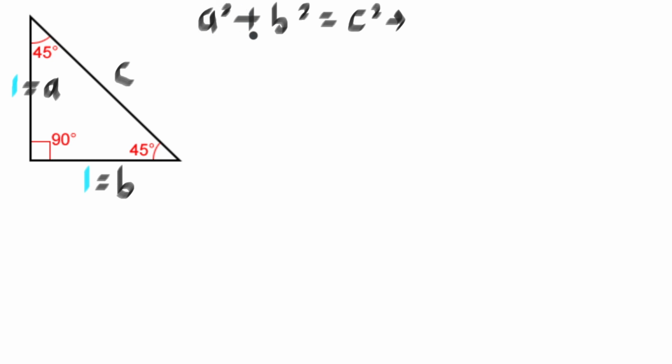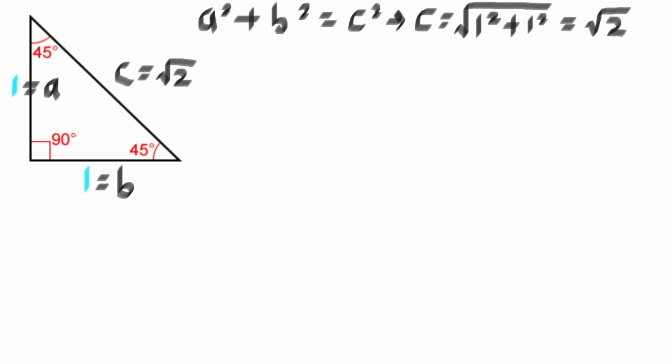The sum of the two shorter sides squared is equal to the longest side squared, the hypotenuse squared. So if I solve this for C, that would be equal to the square root of the shorter side, A, which is 1 squared, plus B, which is also 1 squared. 1 squared plus 1 squared is 2, so C is the square root of 2. So I'm going to label C as square root of 2.